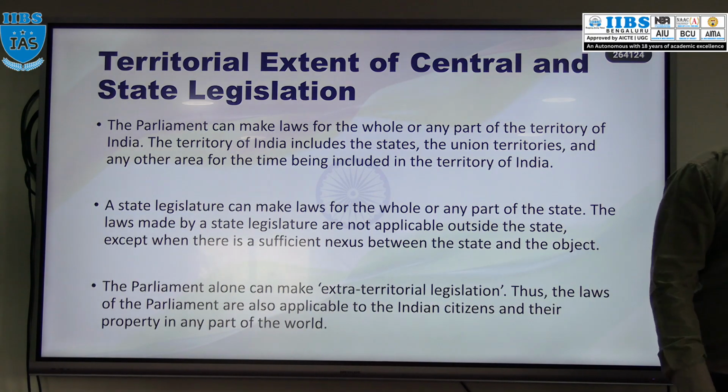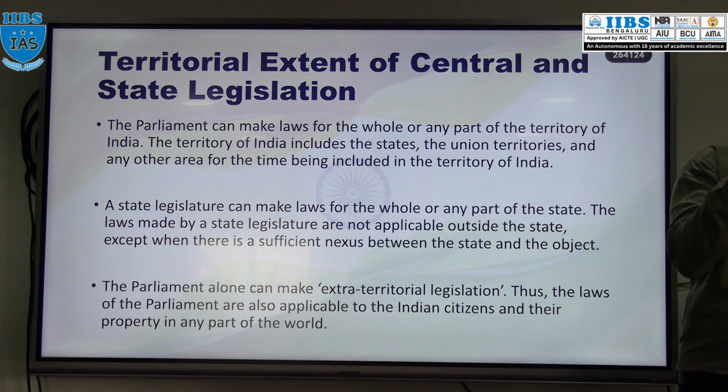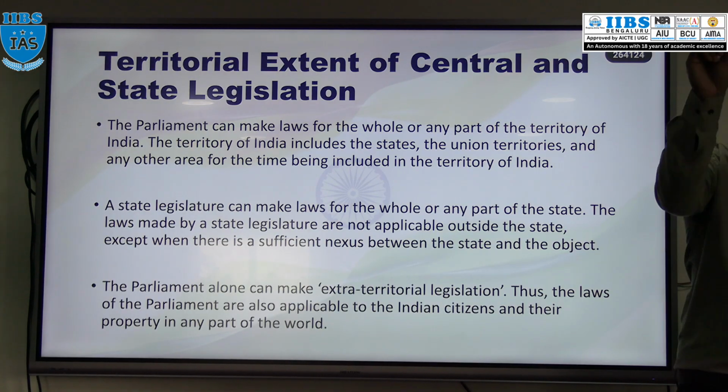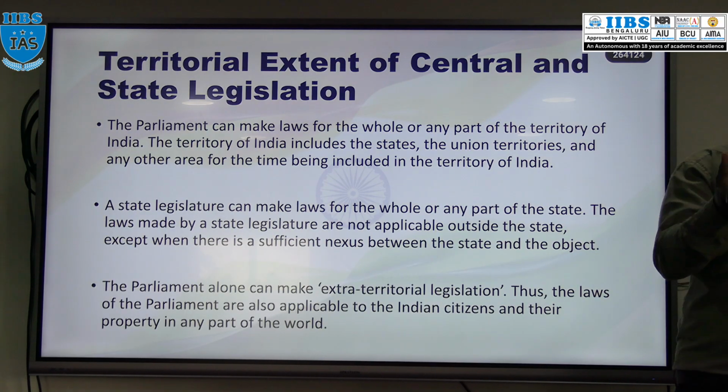Then the law which is made by the state legislature can be applicable in another state if there is a relationship between the state and that particular object or a particular person. Now take an example.